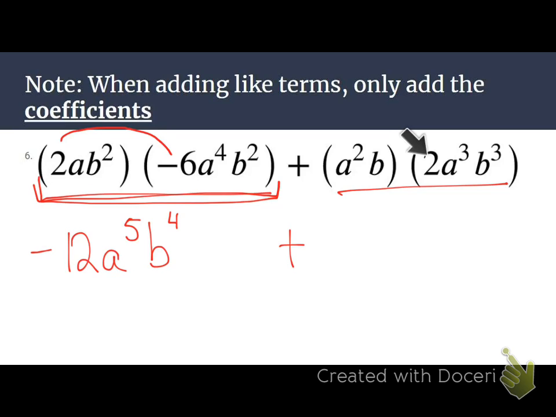Nothing, so it stays. It's a 1. Okay, technically we're multiplying it by a 1. So yes, it does stay a 2. If we were multiplying it by nothing or 0, then it would change. So we've got 2a to the 5th, b to the 4th.